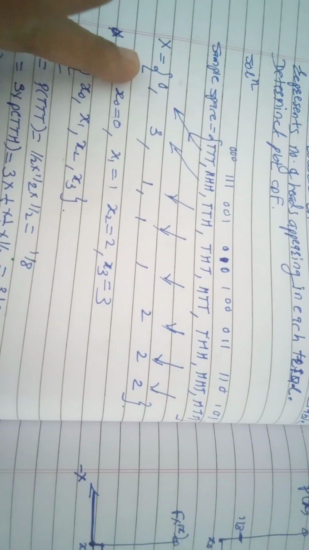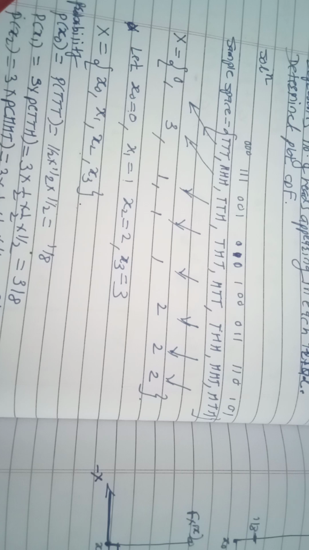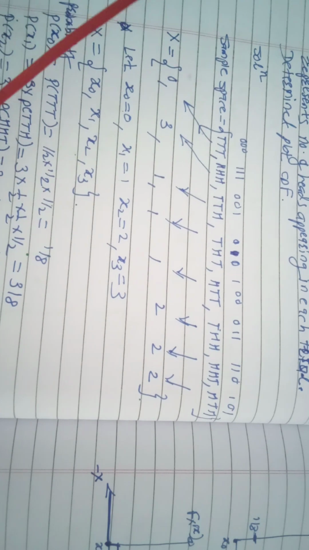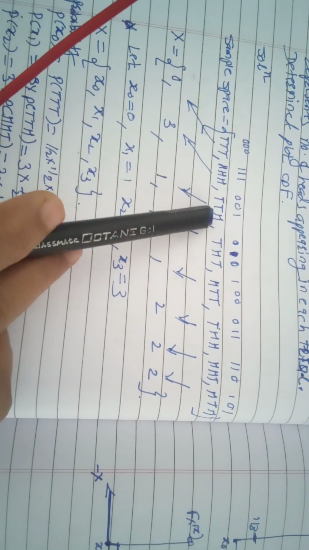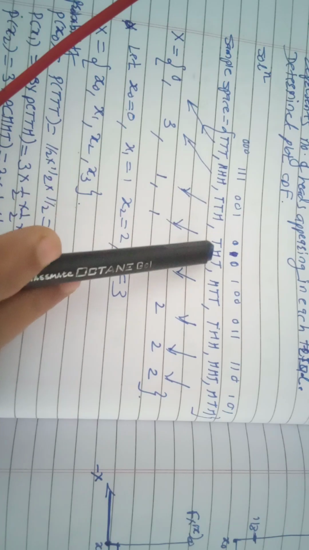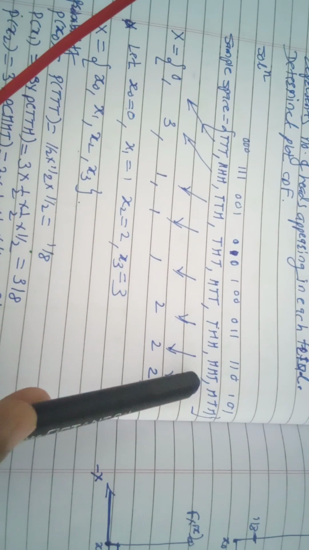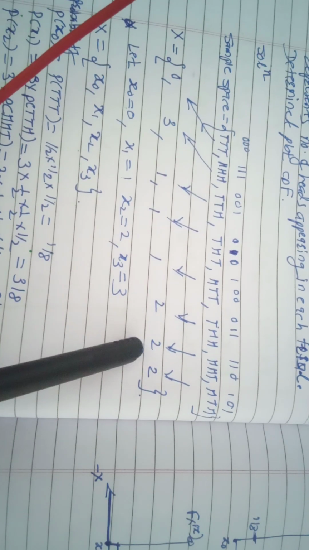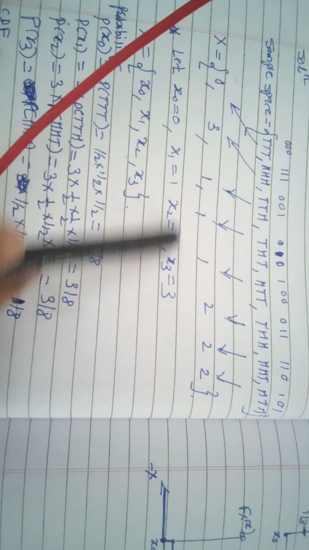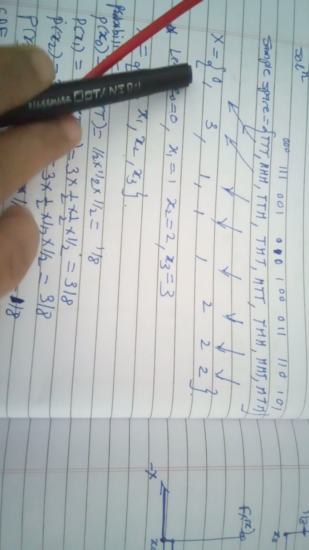Heads could be 0, meaning there is no head in the 3-toss trial, or there could be 3 heads, or 1 head, and that position could be in the first, second or third toss, or there could be 2 heads in the first and second toss, or second and third toss, or first and third toss. These are the random variable values. So X is a random variable which maps these sample outcomes to real numbers.